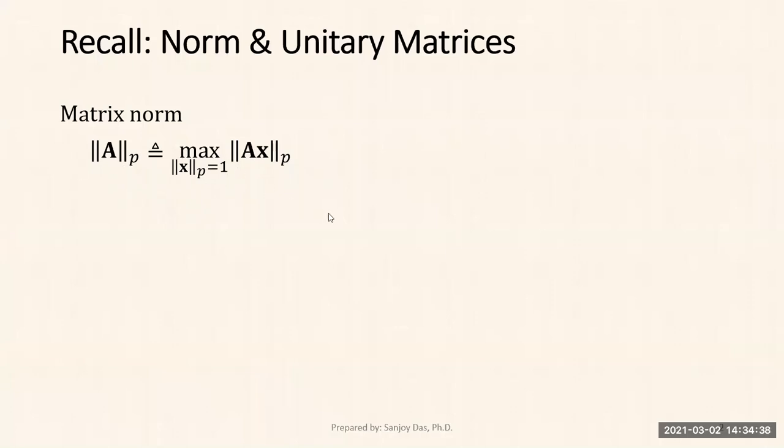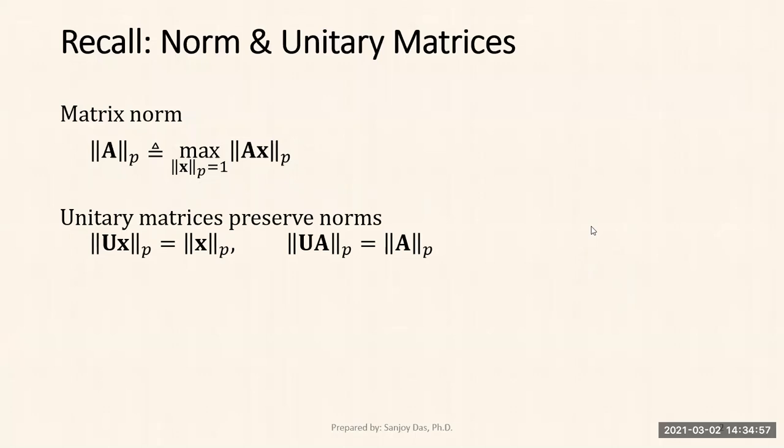This is the definition of the norm of a matrix. It's an induced norm based on the definition of the LP norm of a vector, and this is the corresponding definition of the matrix norm.